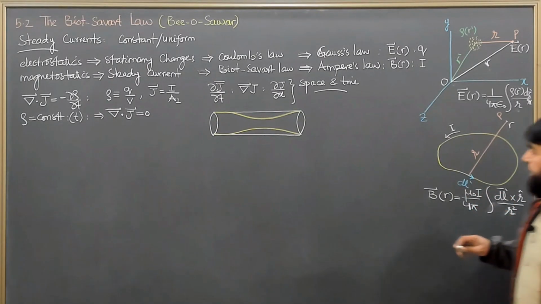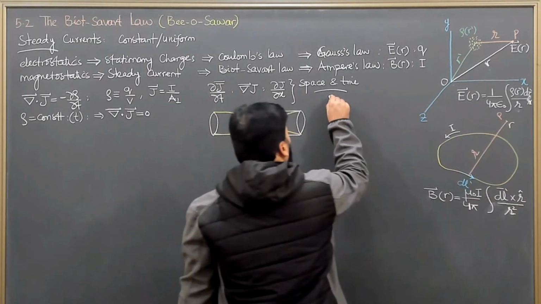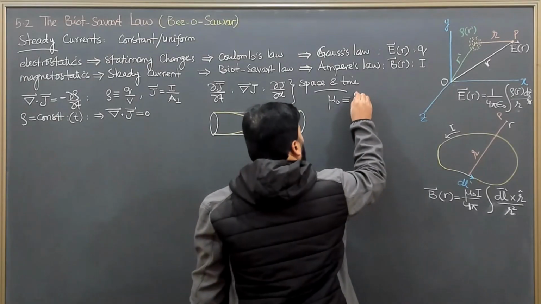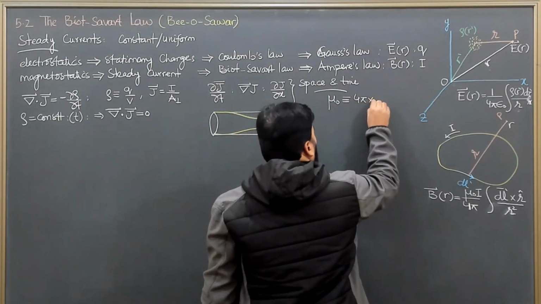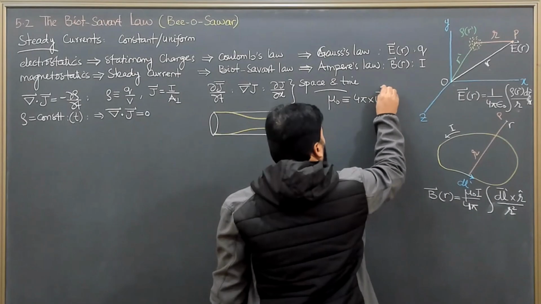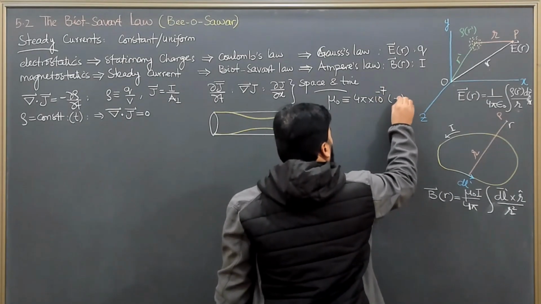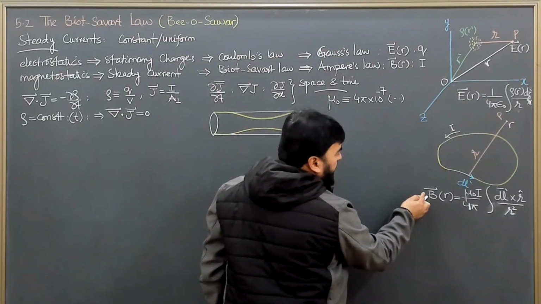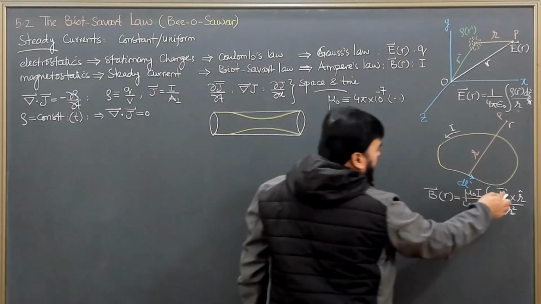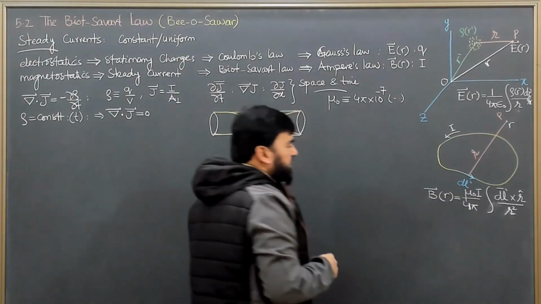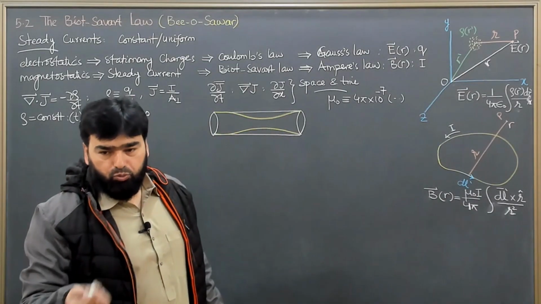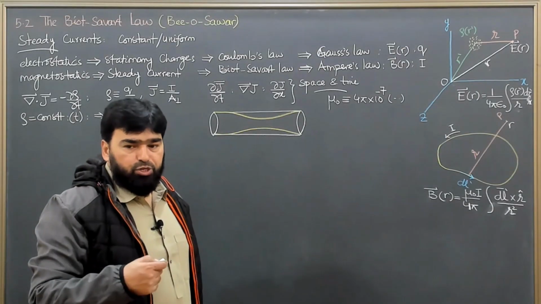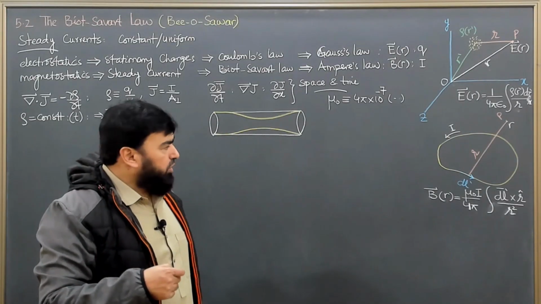Now mu naught is the permeability of free space. Mu naught is 4 pi times 10 to the power minus 7, and its units will be determined from here, like magnetic field divided by this, which will come out to be the Weber, or if I measure this in Tesla, in meter square will come with this.